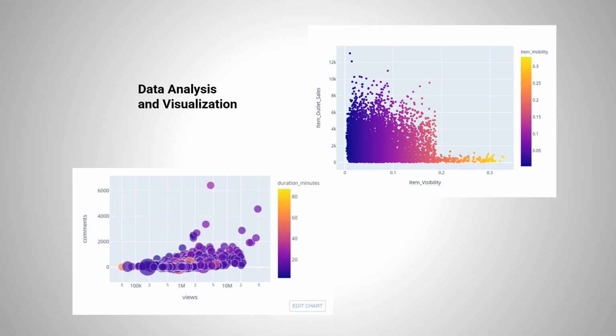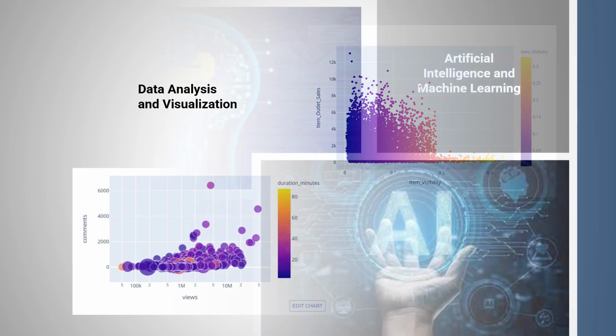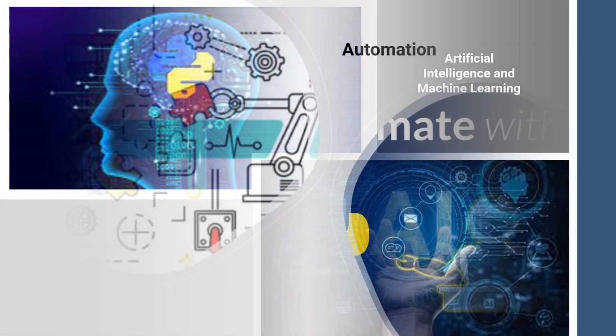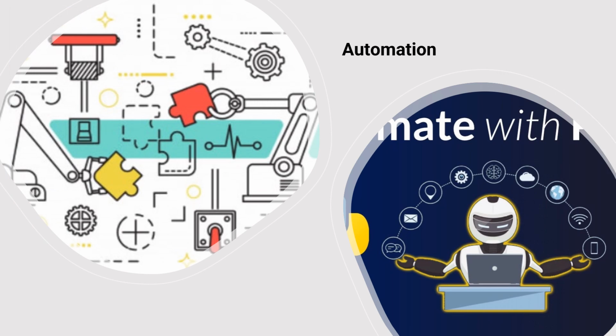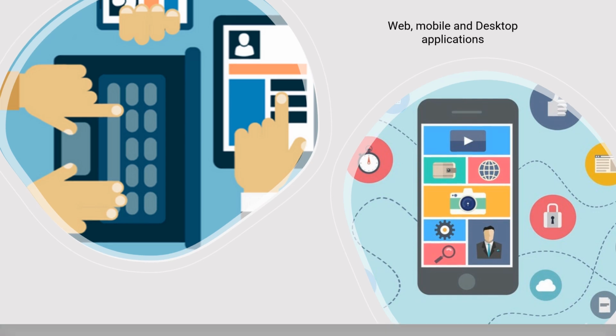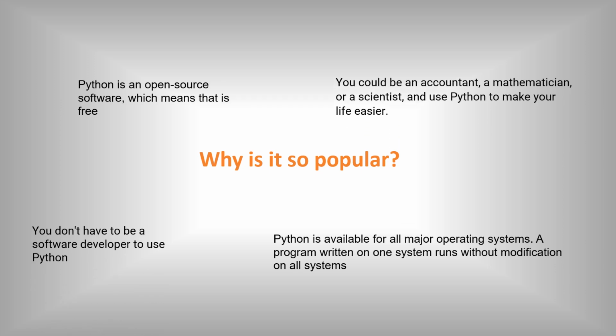People from different disciplines use Python for a variety of tasks, such as data analysis and visualization, artificial intelligence and machine learning, and automation. You can also use Python to build web, mobile, and desktop applications as well as for software testing. Why is Python so popular?